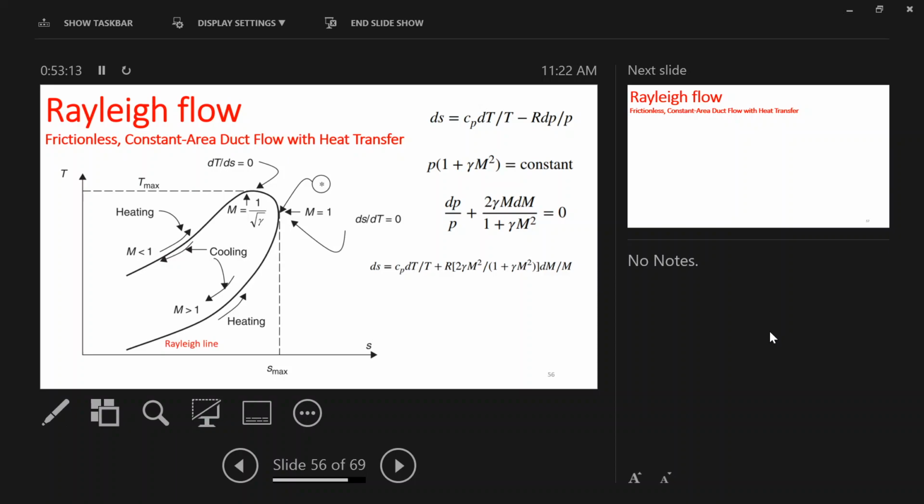What is the adjustment mechanism you have for supersonic conditions? Shock waves, exactly. So somewhere within the flow, you are going to get the shock wave. I'll talk about it later. Okay.